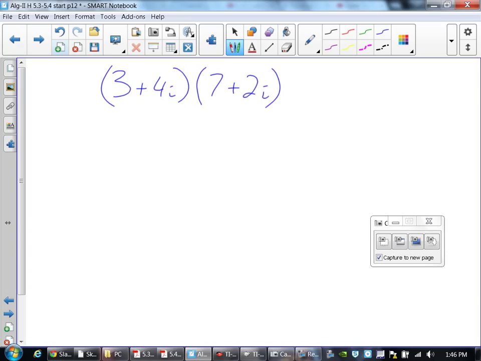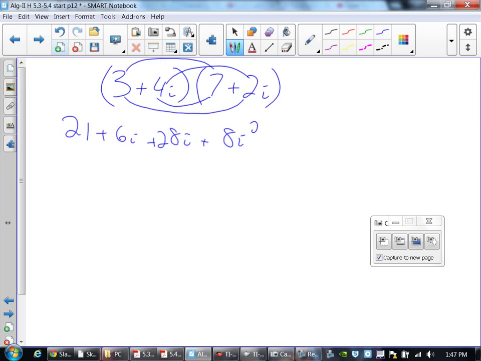3 plus 4i times 7 plus 2i. We're going to FOIL again. Combine like terms and simplify. 21 plus 6i plus 28i plus 8i squared.